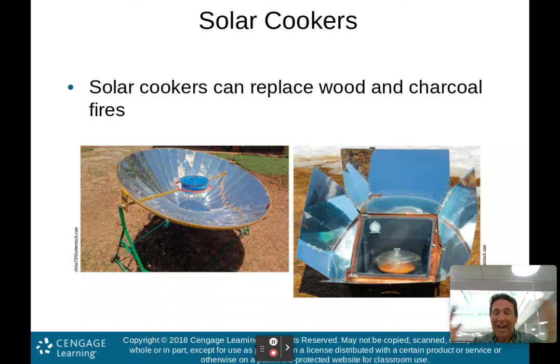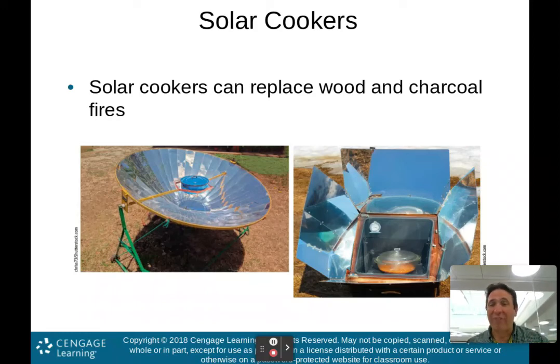So all this smoke is in the house, which is why it's a real health issue. Here you don't have any of that. You just give them this little solar cooker, and they can cook all they want, especially in places of the world where you get a lot of sunlight. This may not work as well in Seattle or London. Some days you could do it, but not all the time.